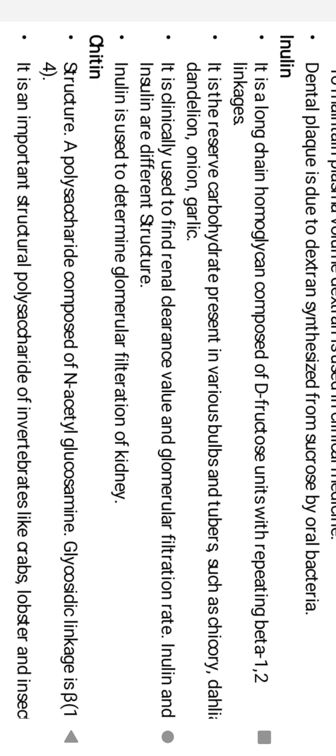It is used to find the renal clearance value and the glomerular filtration rate. Inulin and insulin are different. Insulin is a hormone involved in glucose metabolism, and it regulates the glucose in our body. Inulin is a polysaccharide. It is used to determine the glomerular filtration rate in the kidney.